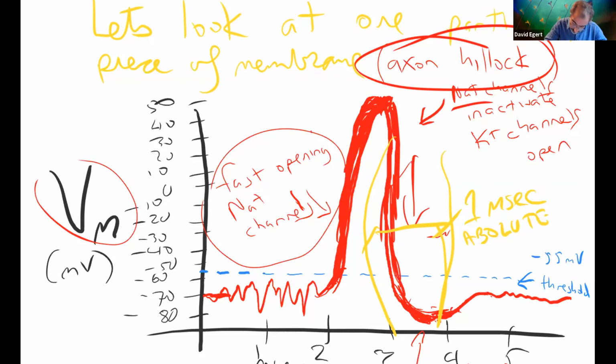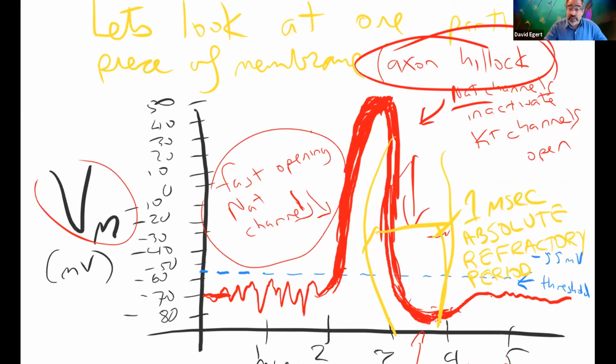Let's spell absolute properly here. Absolute refractory period. This is the time when it is impossible to fire off another action potential.